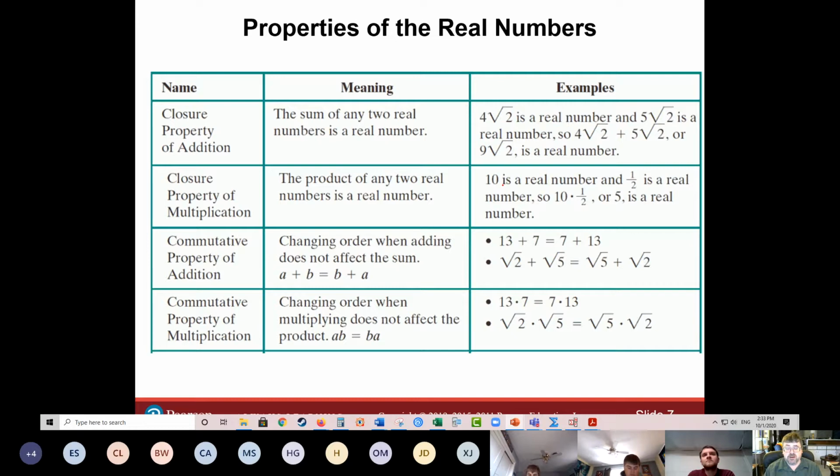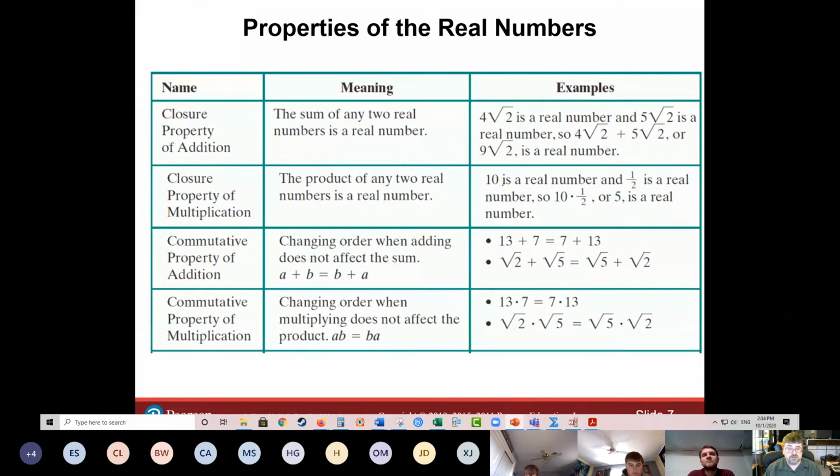Many of the properties we're going to talk about today have two versions, one for addition and one for multiplication. When you're asked to name a property, and you will be, you need to be specific. It's not okay to say the blah, blah, blah property if there's an addition version and a multiplication version. You have to say the blah, blah, blah property of multiplication, or the blah, blah, blah property of addition.